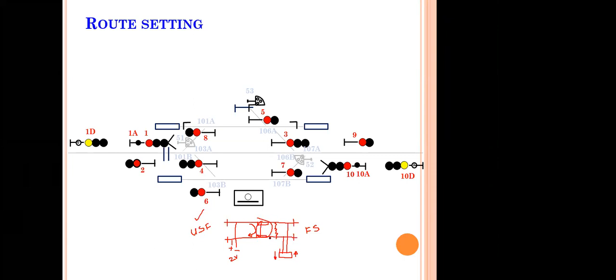Or putting a point here which is not set correctly, no information is available, no indication is available. At that time, if I take off a signal, it is dangerous, hazardous. It is causing a big accident.